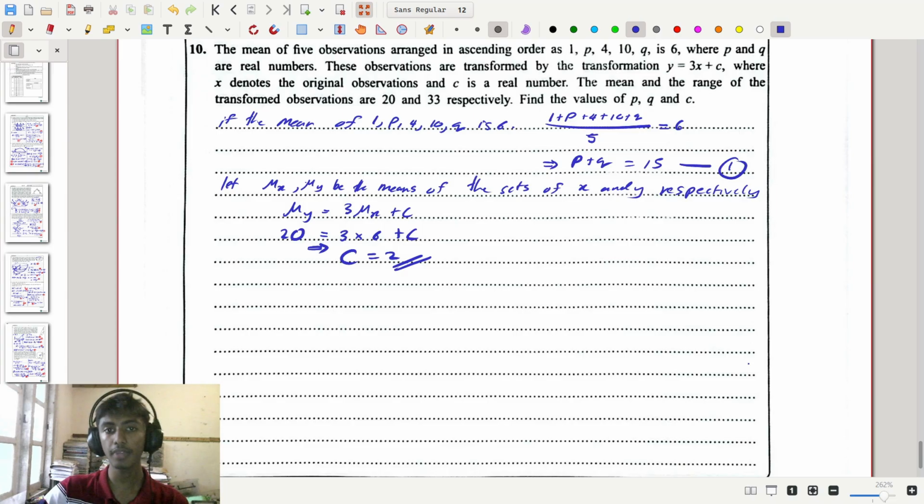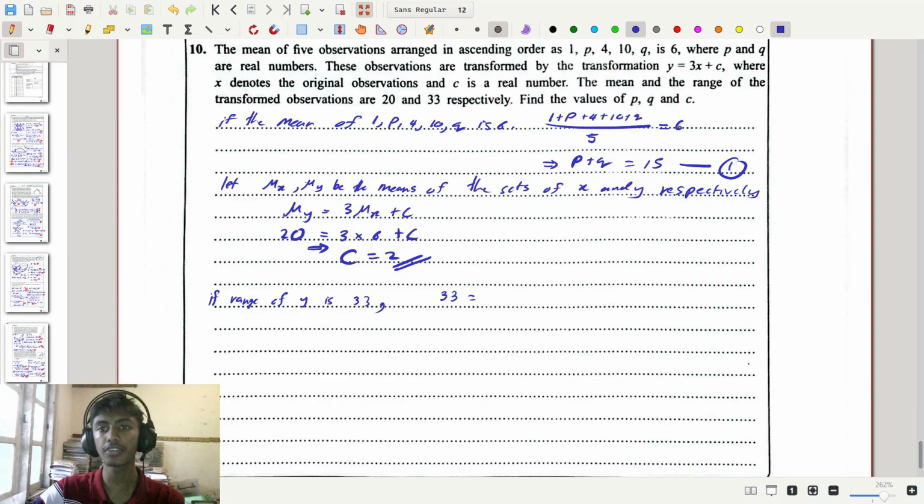Now moving on from that, if we consider the range here, the range is 33. So the final value minus the initial value of our transformed set y equals 3x plus c is equal to 33. So 33 is equal to the maximum value minus the minimum value.